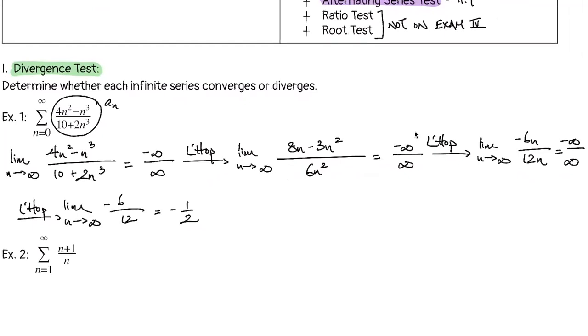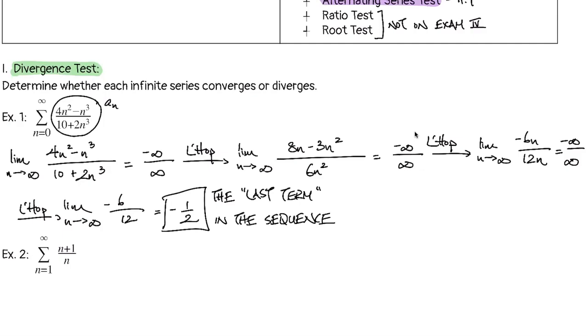But what does that negative 1/2 stand for? Okay, so this negative 1/2 is the number I get out when I put infinity into the sequence. That means that this is the last term in the sequence.